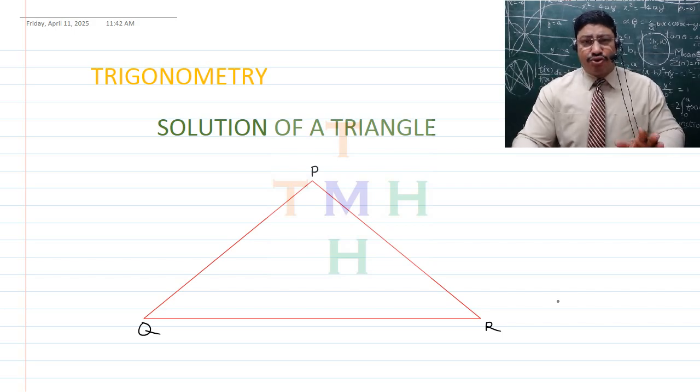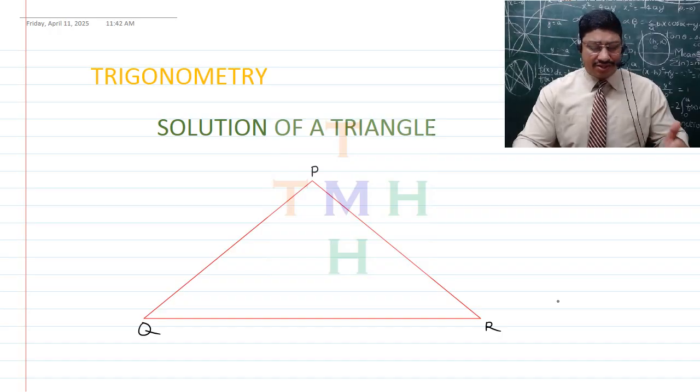What we need to do in such a triangle is drop a perpendicular from some vertex. Only then we will get a right angle triangle, and then we are able to find out the 6 trigonometric ratios that I just mentioned.